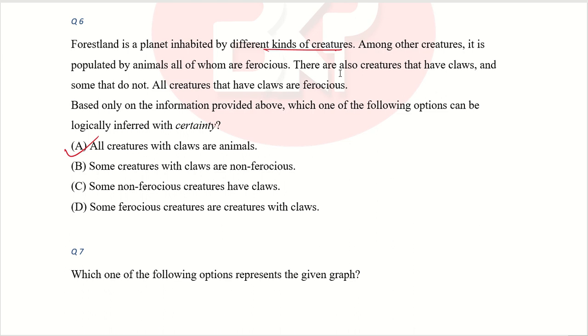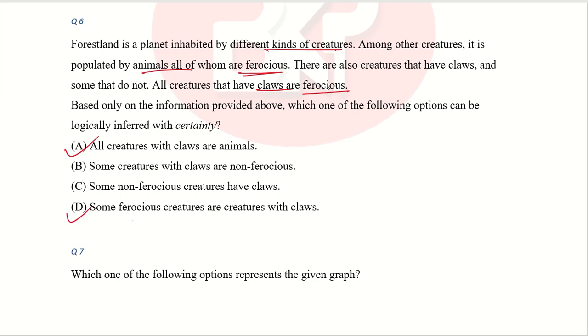And it is also saying that some creatures have claws and some do not, and all creatures that have claws are ferocious. So if the creatures have claws, they are ferocious, and if they are animals, they are ferocious, okay? So it means all the creatures which have claws are animals, or even D is very similar to that.